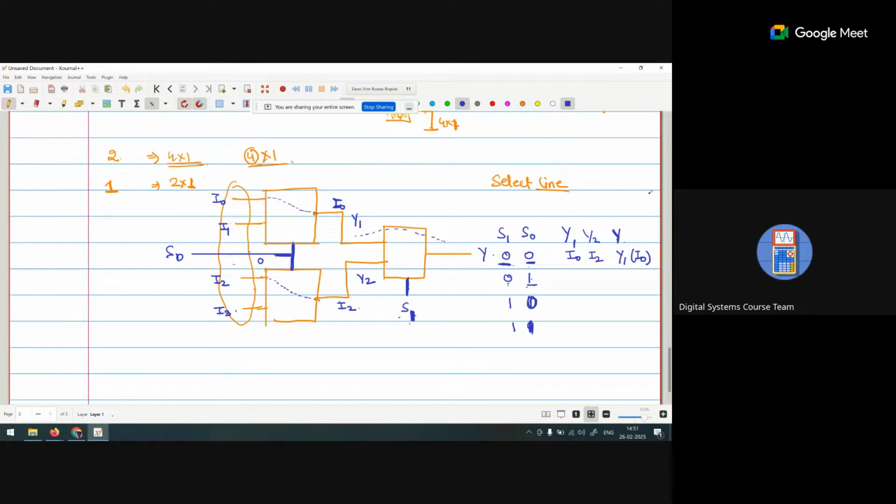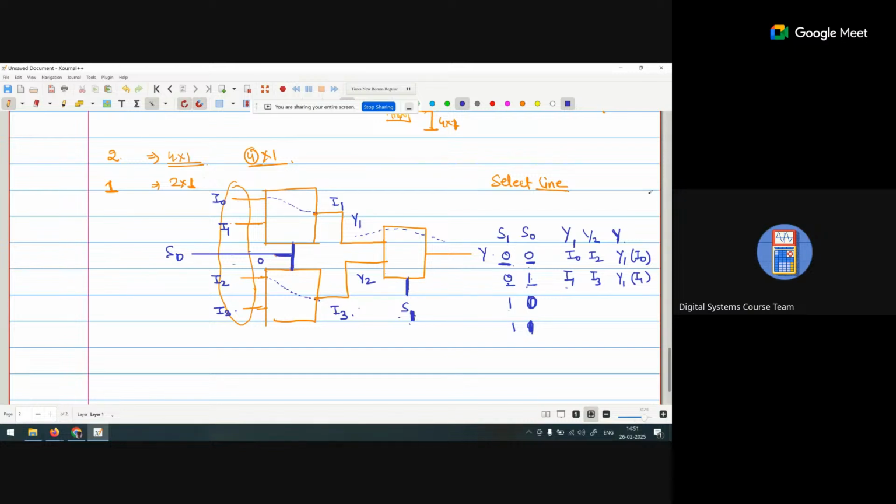Now when S0 is 1, what will we get? We get I1 here and I3 here. Now S1 is 0, so we get Y1 as the output, and what is Y1? It is I1.